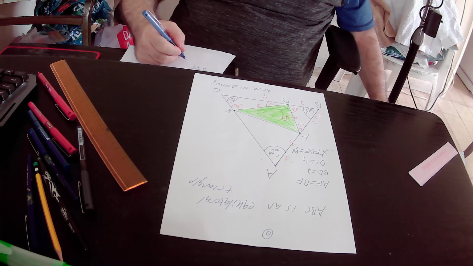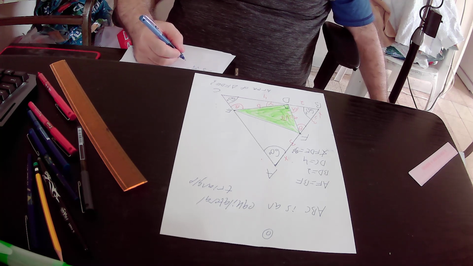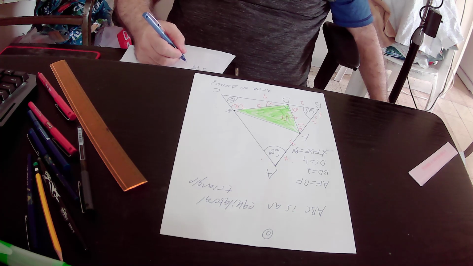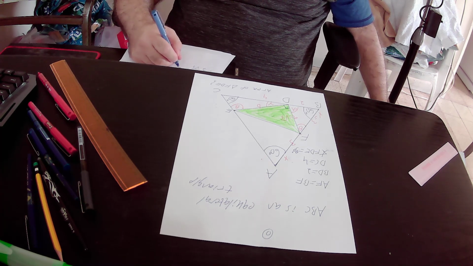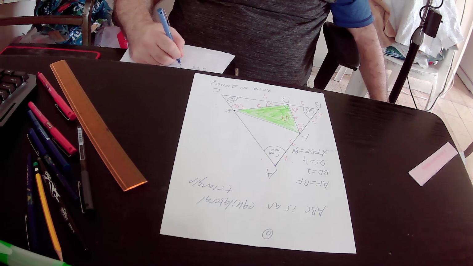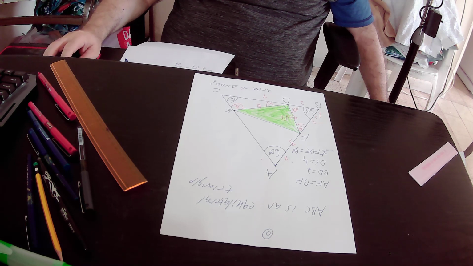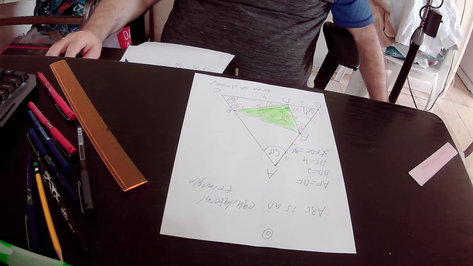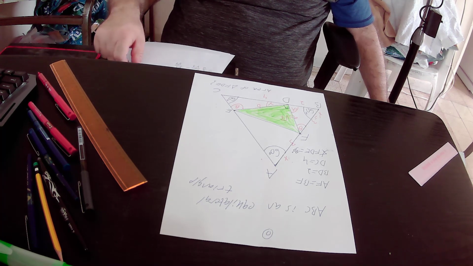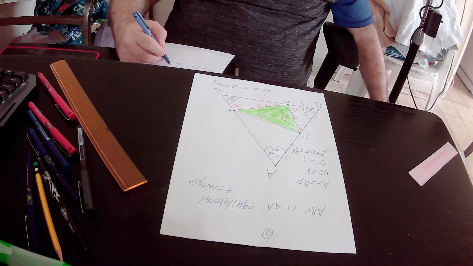Minus sine theta, and we know that the value of sine theta is root 3 over root 7, and the value of cosine 150 degrees is minus root 3 over 2.